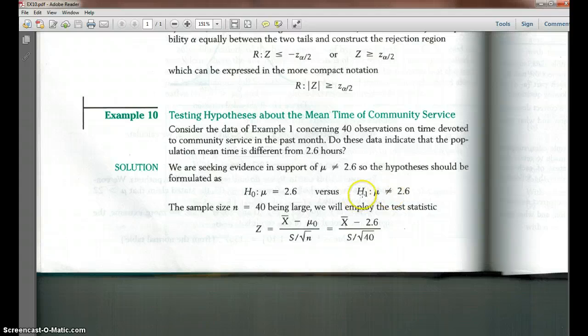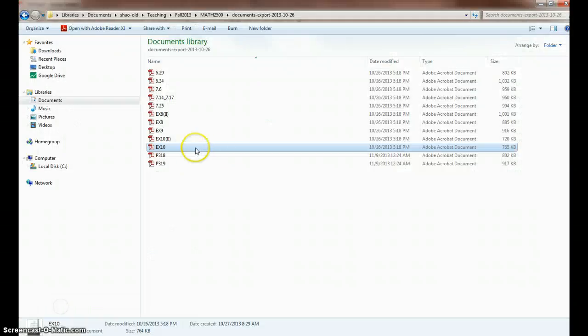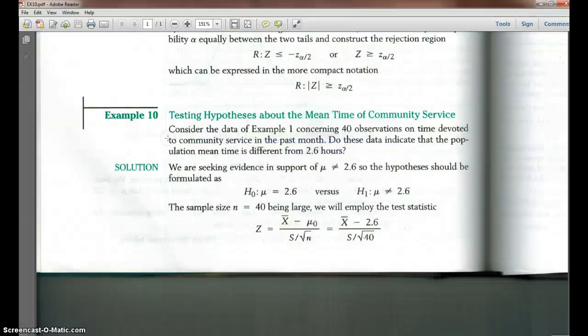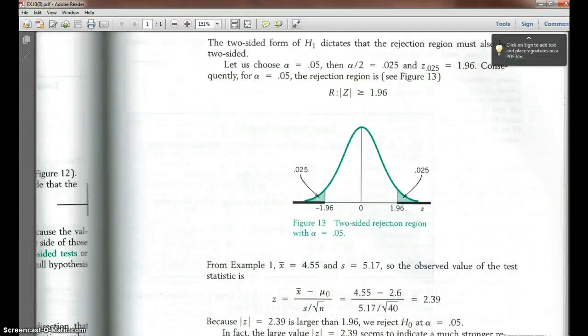So if we want to support H1, the alternative claim, we have two regions now. Either x bar is big enough or x bar is small enough. So that's the region.